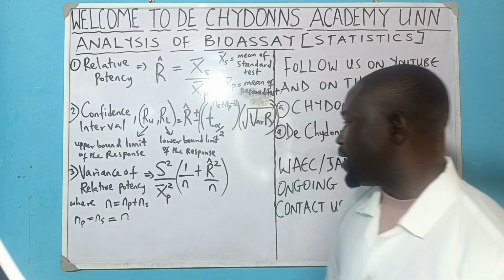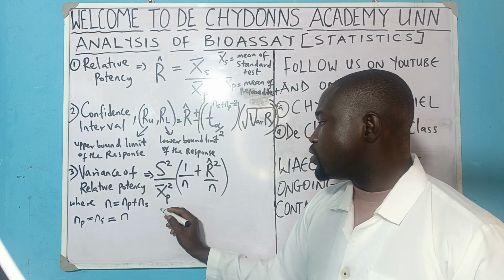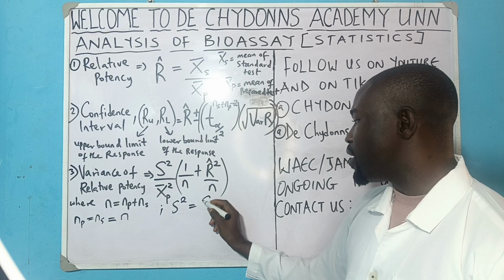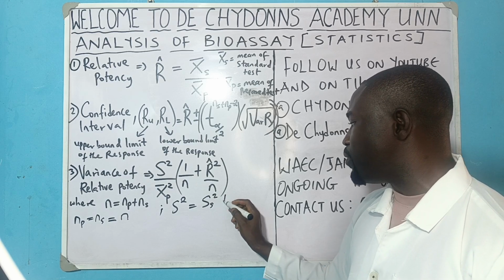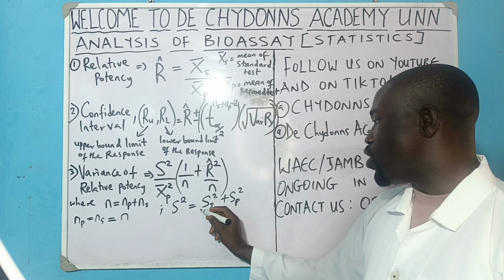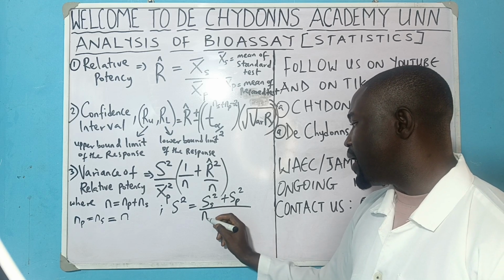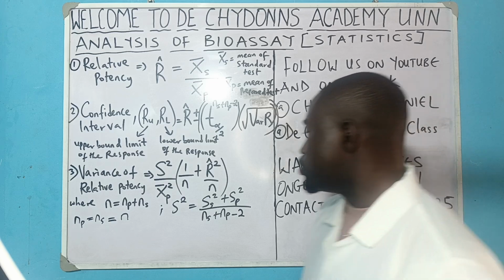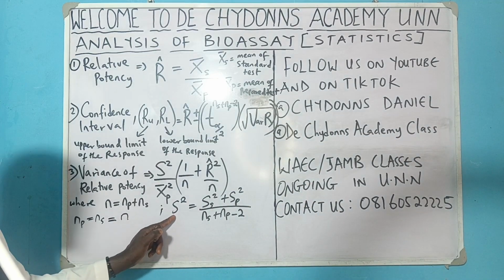Then that one there. Also, note that S squared is equals to SS squared plus SP squared all over NS plus NP minus 2.